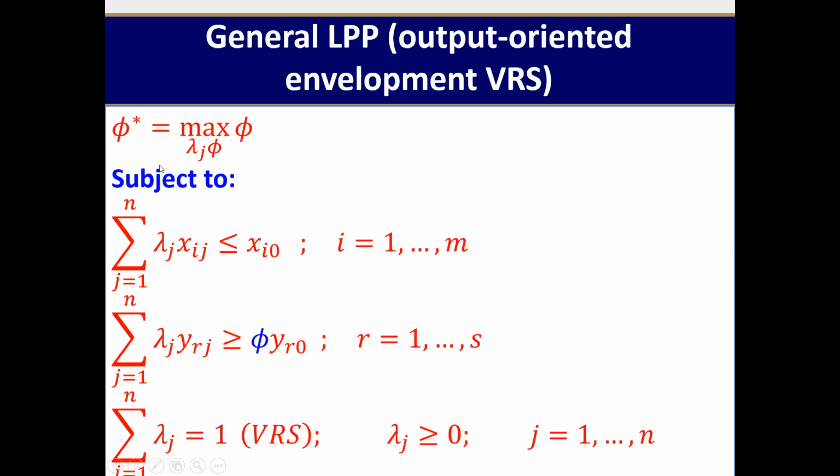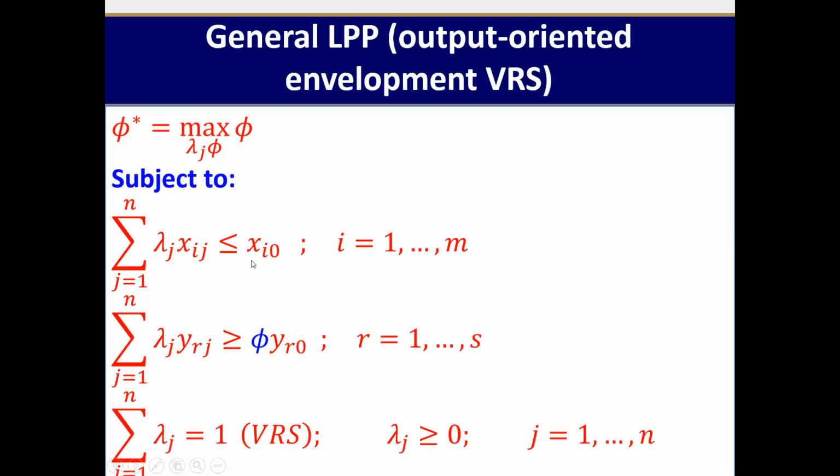So if I am doing the efficiency of a particular DMU, it is subject to the constraint that all DMUs, if I weight and sum them, will be less than or equal to the input of the DMU I'm assessing. Now, this is the input of the firm you are assessing. This is the target DMU's input. This is the target. That's why you have the 0.